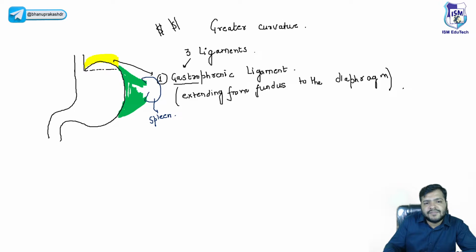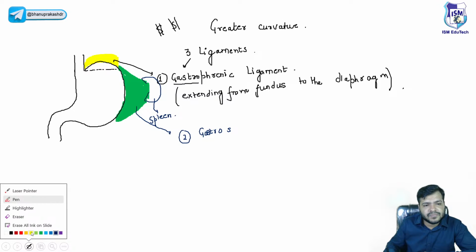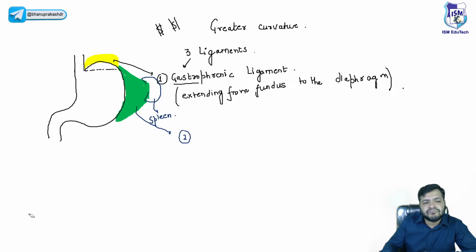I'm just drawing it roughly. This connects the spleen and the majority of the greater curvature, and this is the second one, the gastrosplenic. I'll write it nicely.